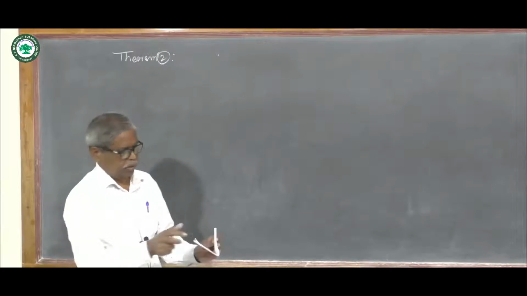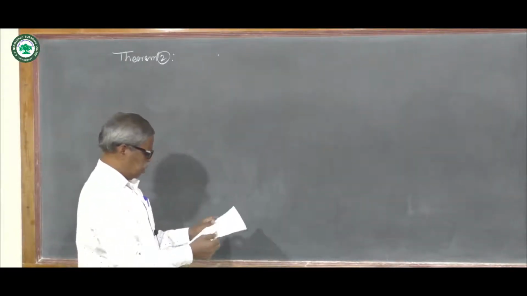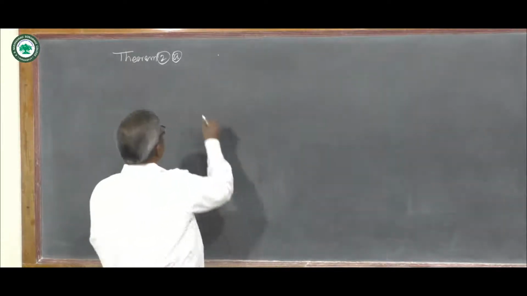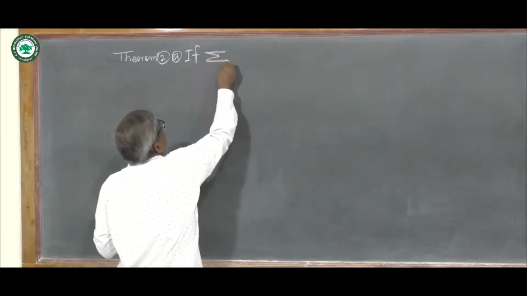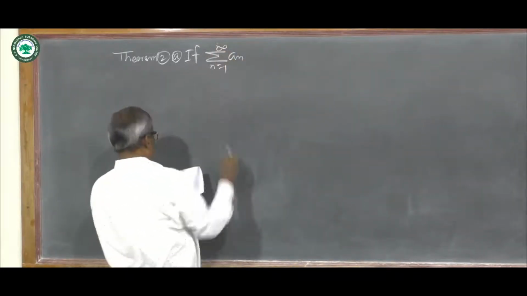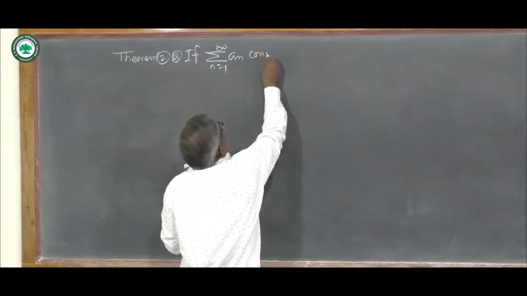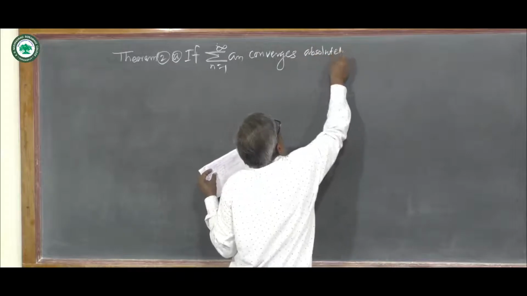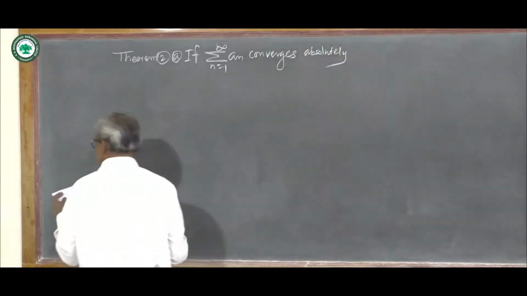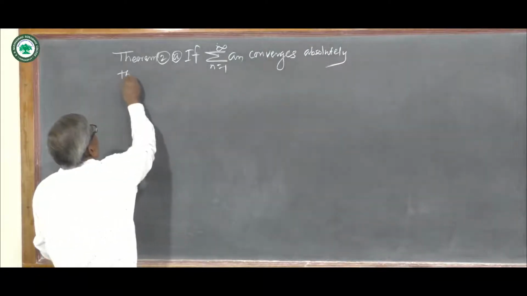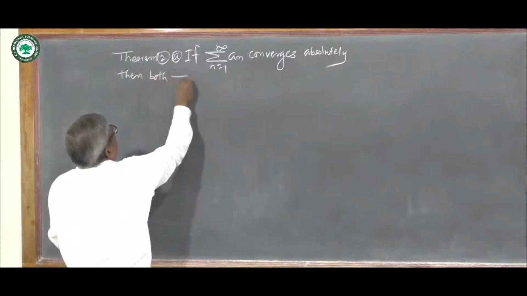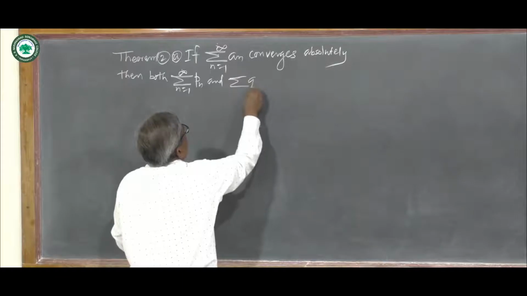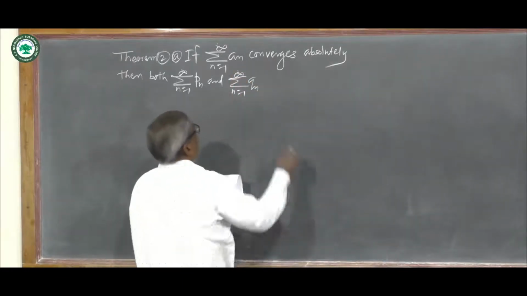A: If sigma a_n converges absolutely, then both sigma p_n and sigma q_n, n equal to 1 to infinity, converge.